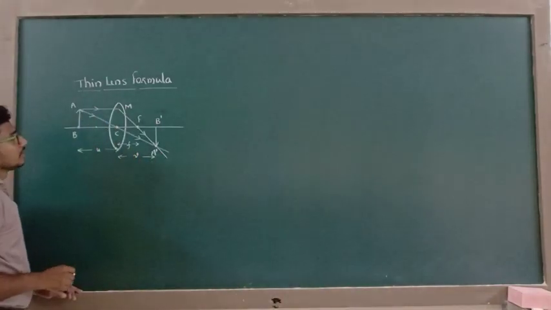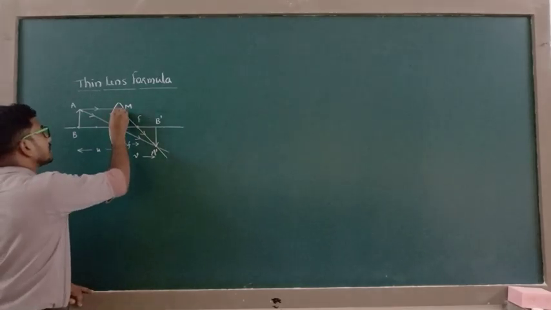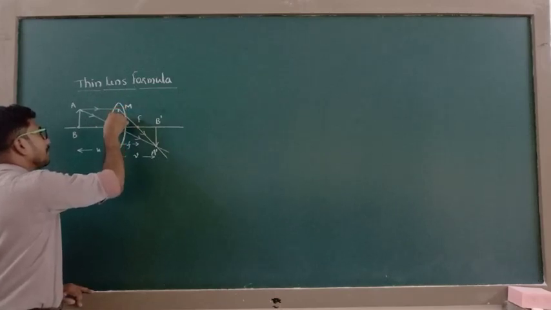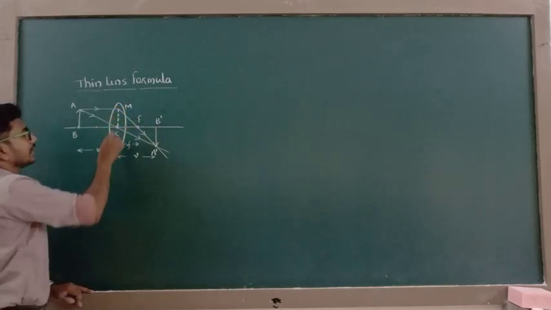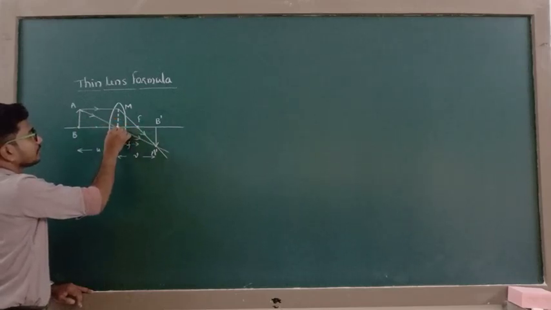Now let us plot a perpendicular from M to the principal axis. That perpendicular meets the principal axis at C, that is, at the optical center.